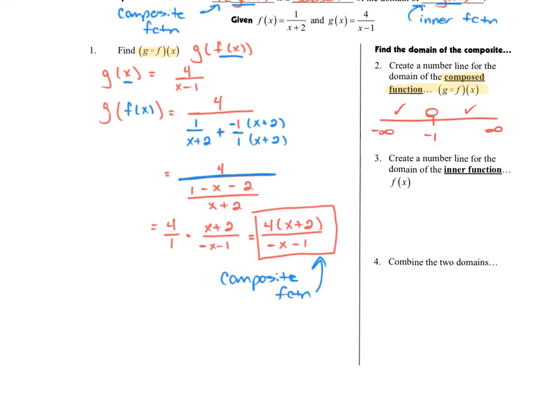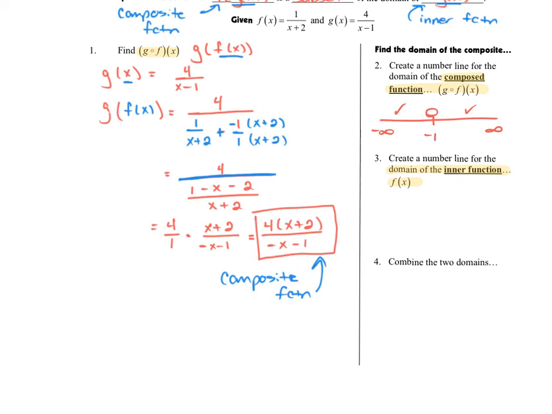Again, on this one, the number line's not really necessary, but as we get into some of our radicals, it'll become a little more useful to have the number line. The next thing that we're going to do is we're going to create another number line that would help us identify the domain restrictions for our inner function. In this case, remember, our inner function was f of x.